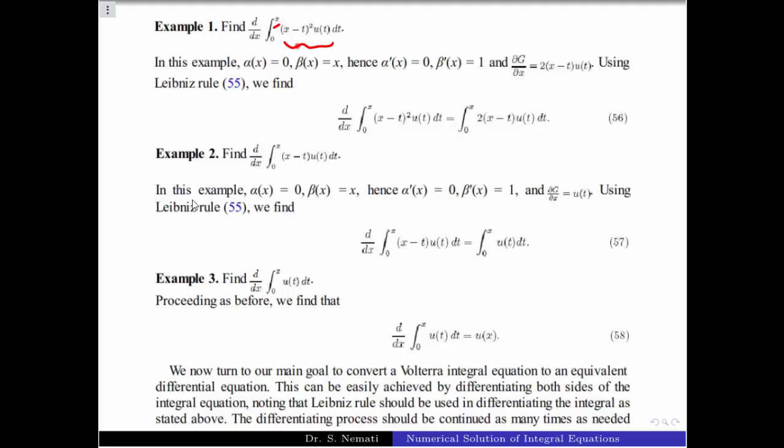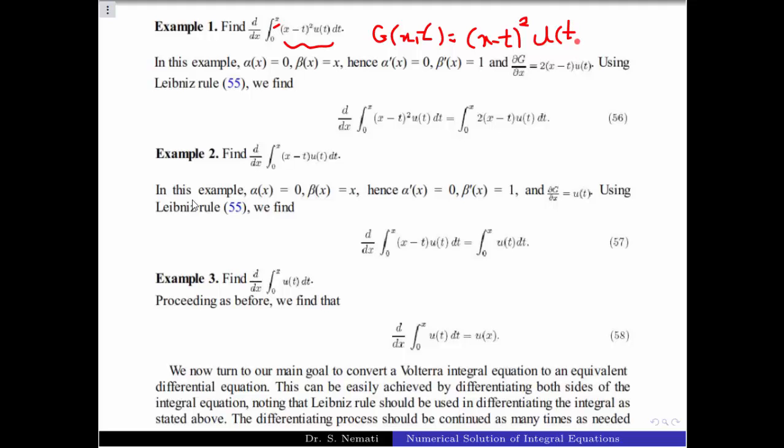we need to take the partial derivative of g with respect to x, and you know that the function g of x, t equals (x minus t) squared times u of t.